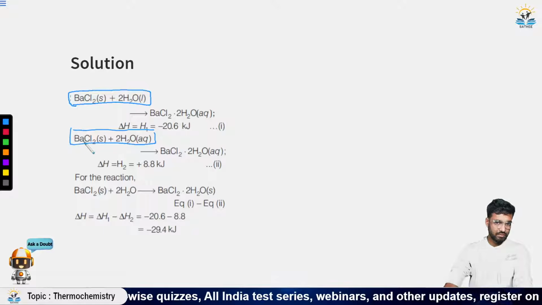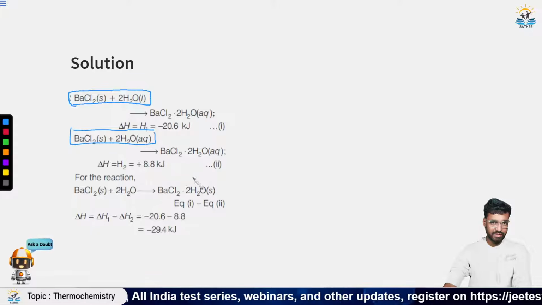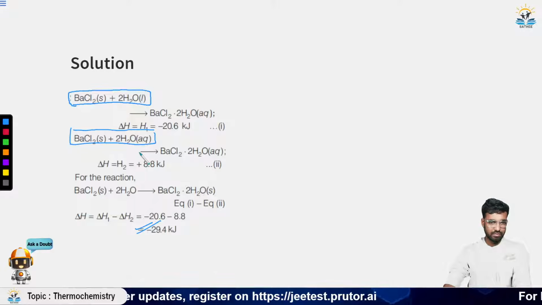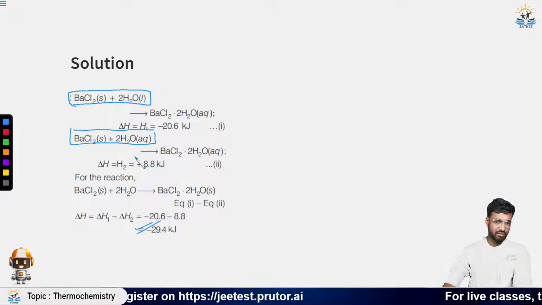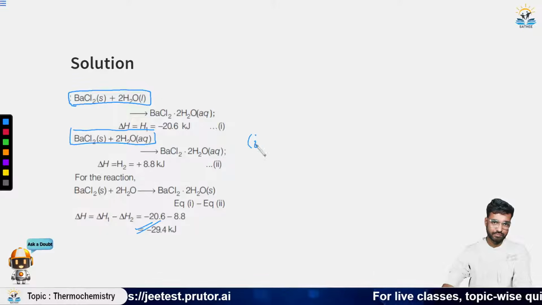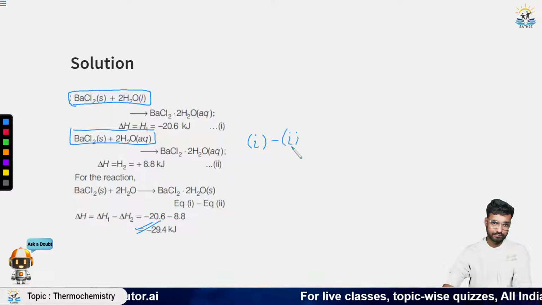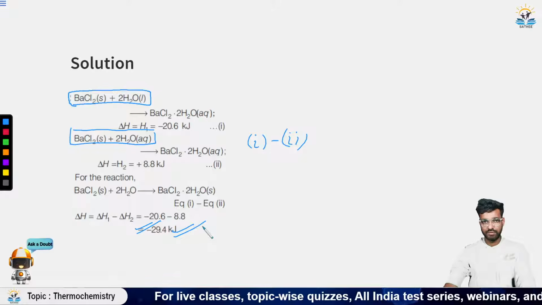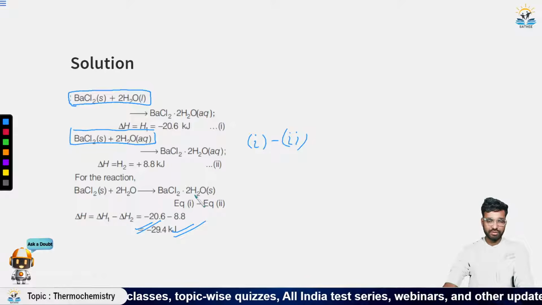Okay. And then we will get our answer. So we will subtract this last equation, that is 1 minus 2, and that will be our final answer. Okay. So in this way you can solve this question.